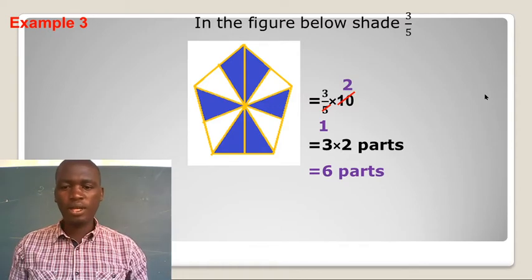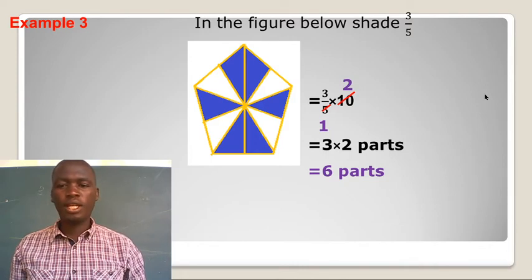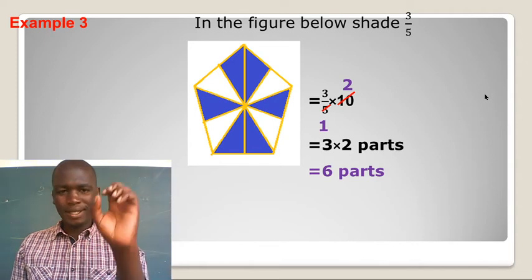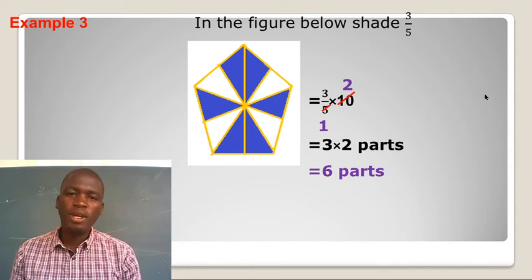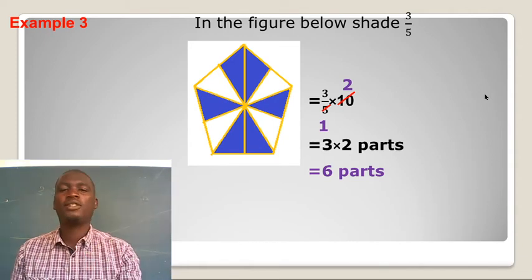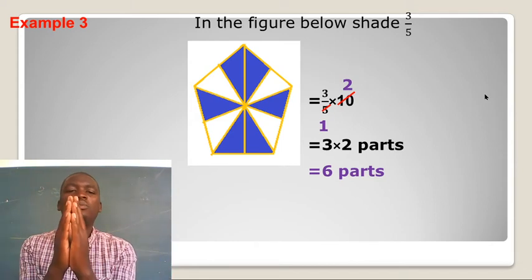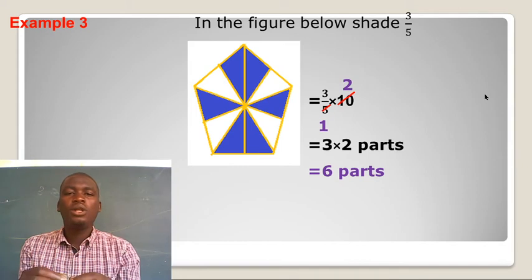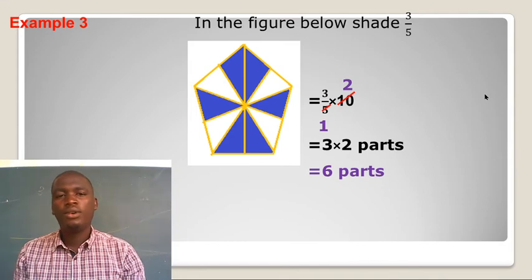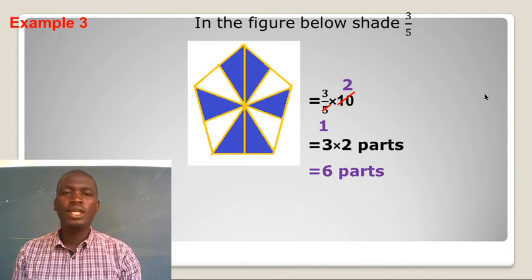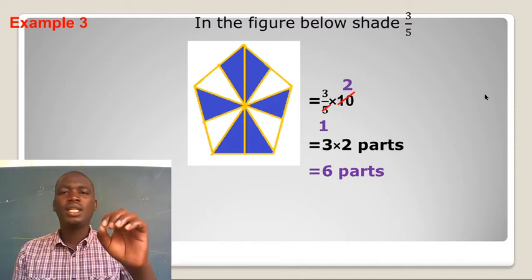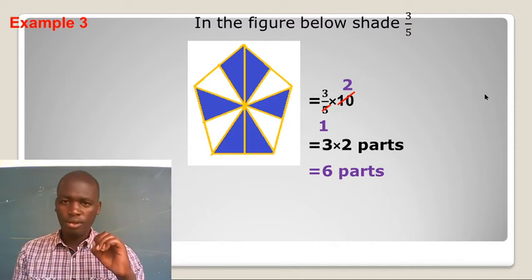So here we have 10 parts, but out of the 10, I need only 6 parts. So how many parts am I supposed to shade there? 6 parts. So you draw your figure plain, then later on you shade whatever is required. So you're supposed to shade 3 out of 5.